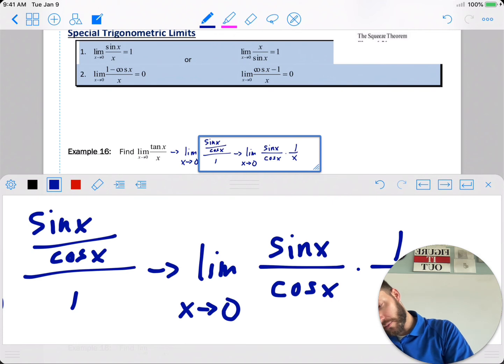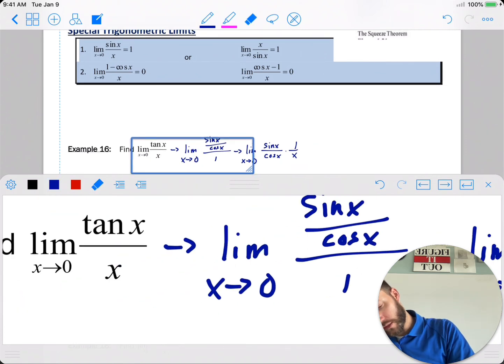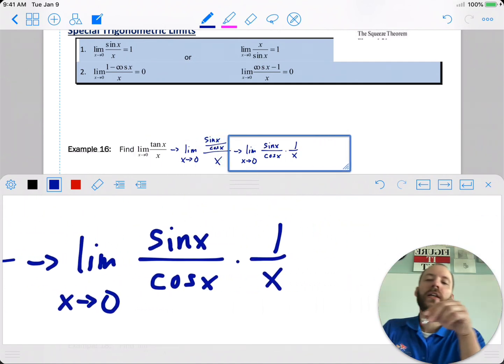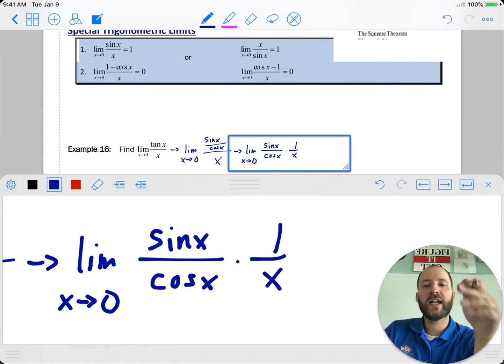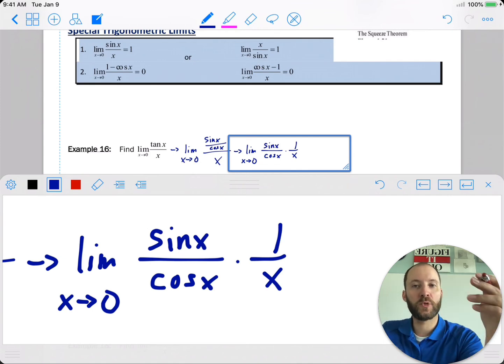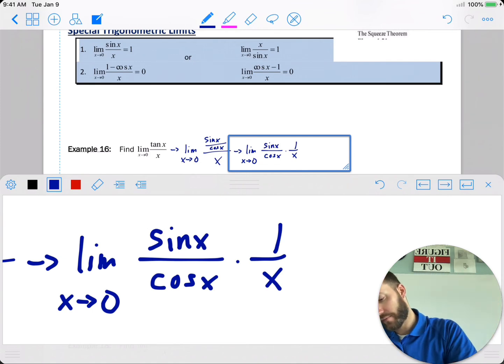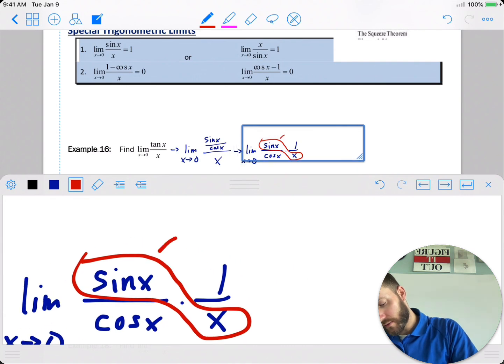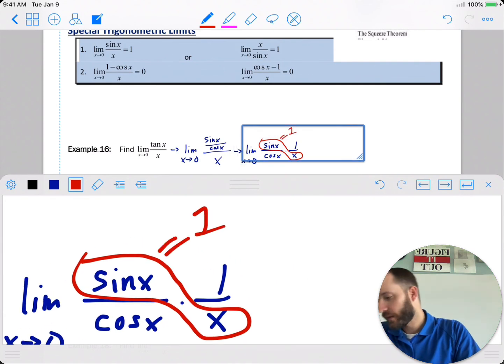Oh, sorry, miswrote something. This isn't over 1. I'm like thinking to myself, this is not quite gonna work out. Okay, so over x. So sine over cosine divided by x. We don't divide, we can multiply by the reciprocal, so times 1 over x. Sine of x over x is the same as 1.